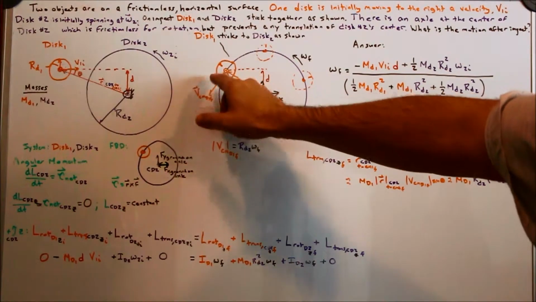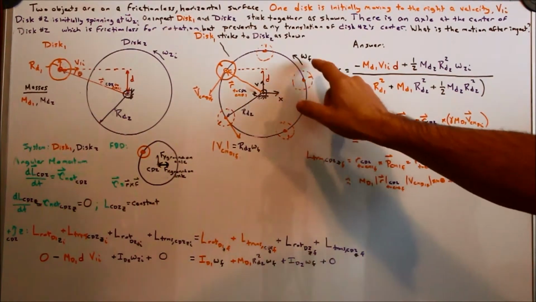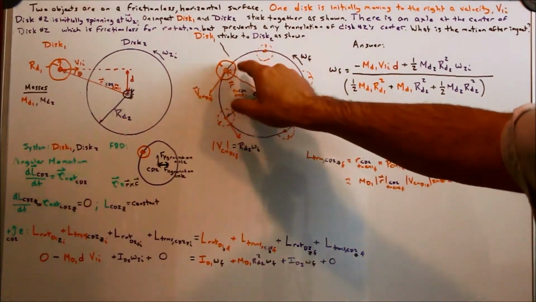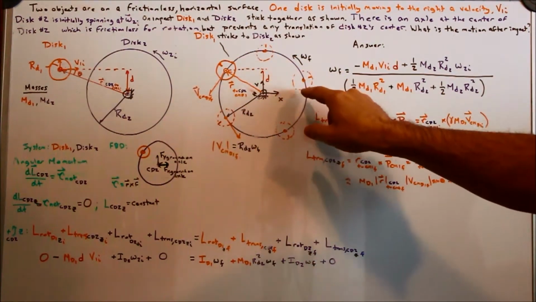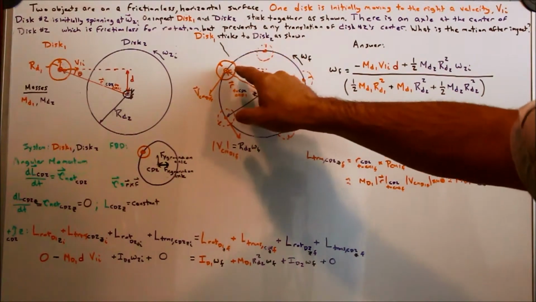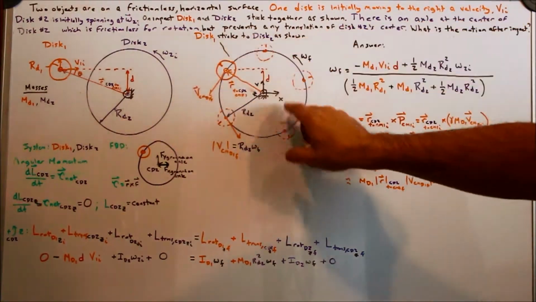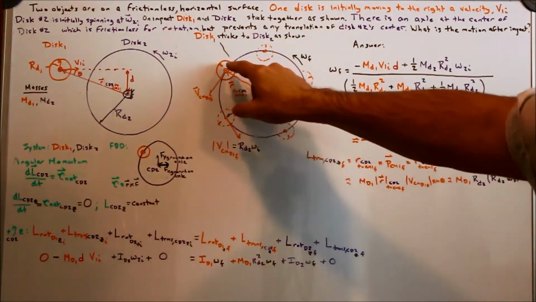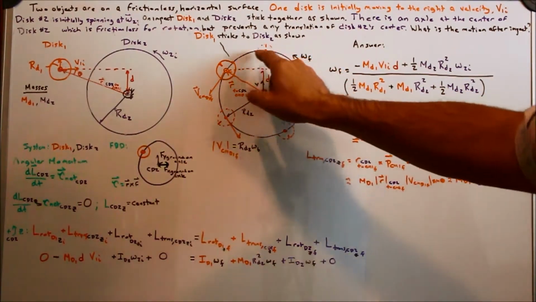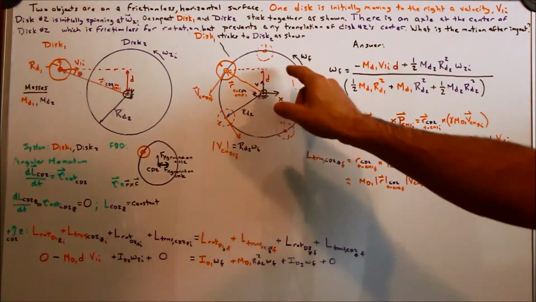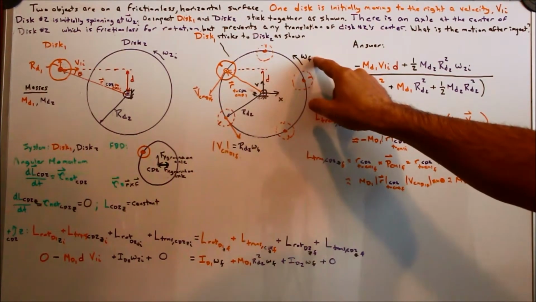If there's a little mark on it, you can see that this mark shows disk 1 is rotating relative to its own center of mass. So when this whole assembly makes one revolution, disk 1 with regard to its own center of mass does one revolution. So it has the same angular frequency as this.